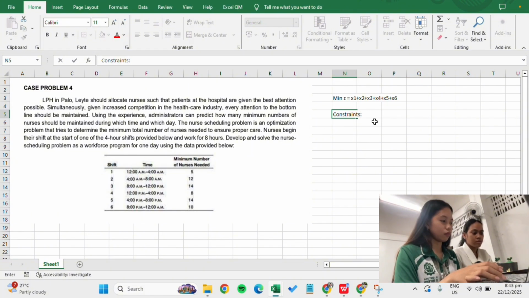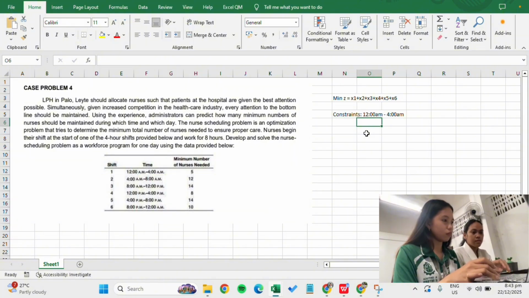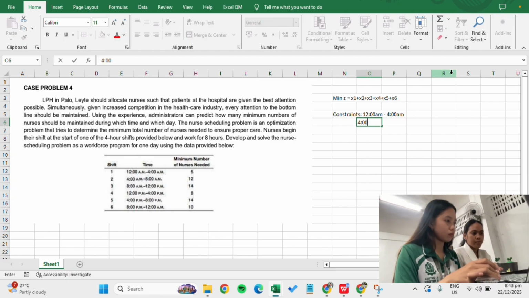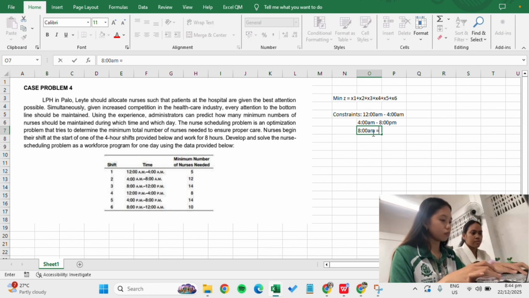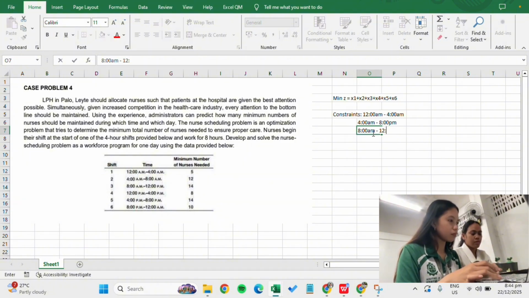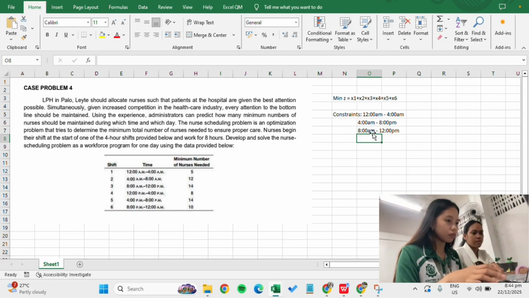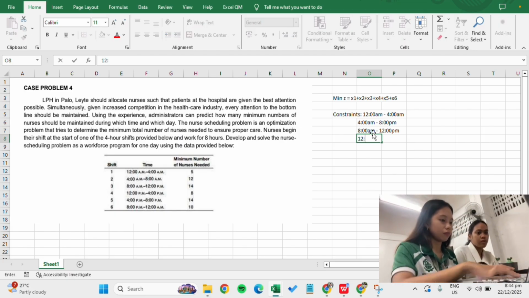The first variable, 12 a.m. to 4 a.m. Next, 4 a.m. to 8 a.m. Next is the 8 a.m. to 12 p.m.